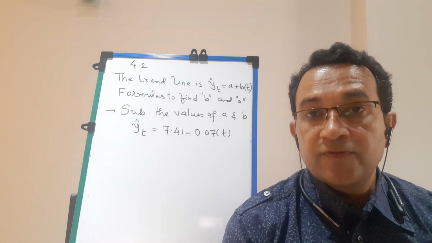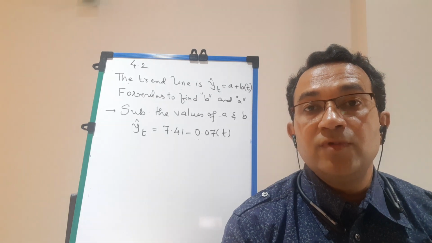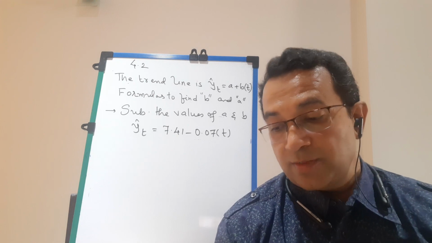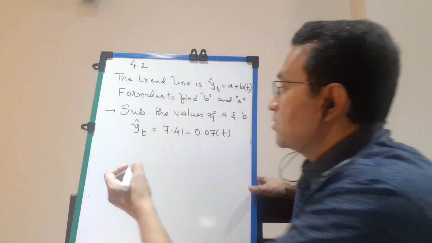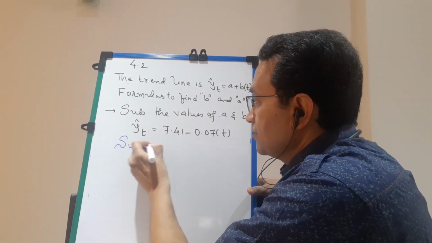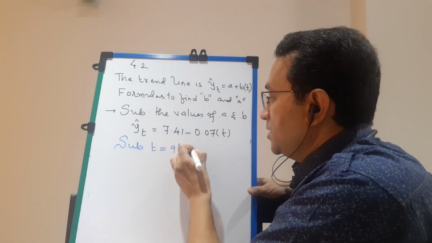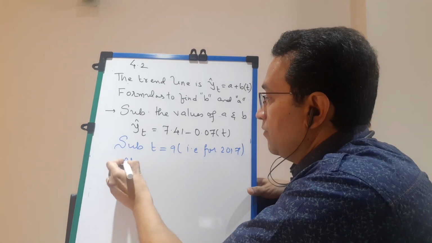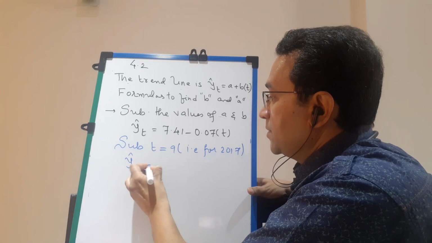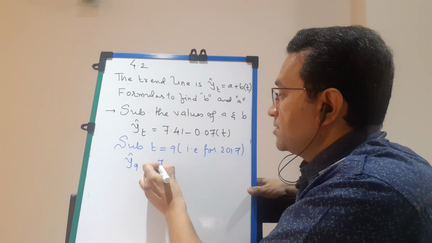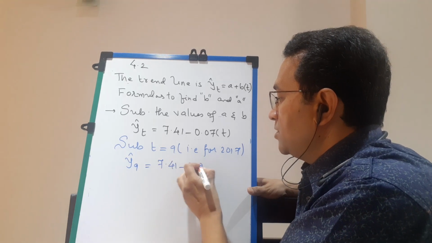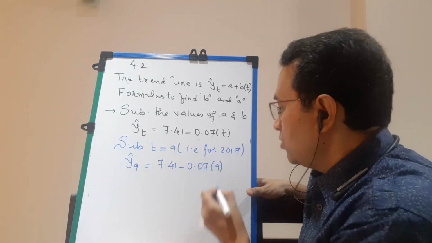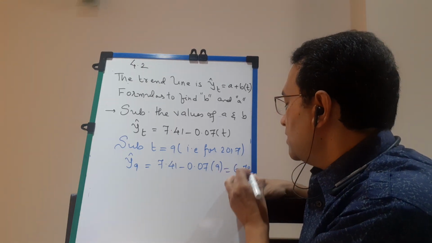So substituting t equal to 9, y9 cap is 7.41 minus 0.07 into 9, and this works out to be 6.78.